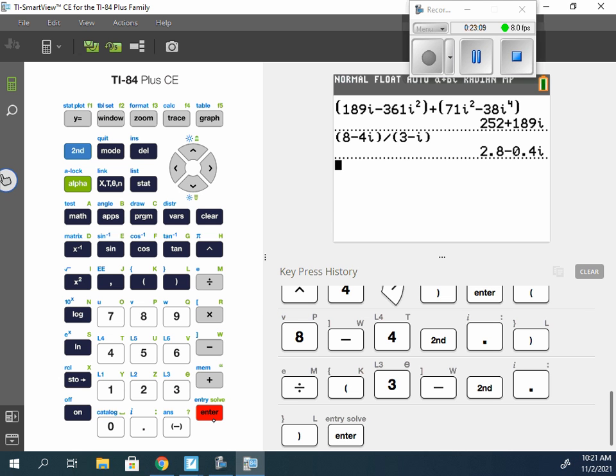Then our next step would be math, enter, enter, to turn it back into fractions. And that's it. So we would rewrite it as division, and then math, enter, enter will give us the fractions. Questions on this here?